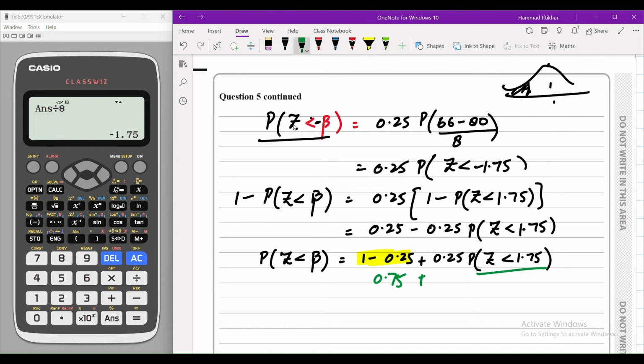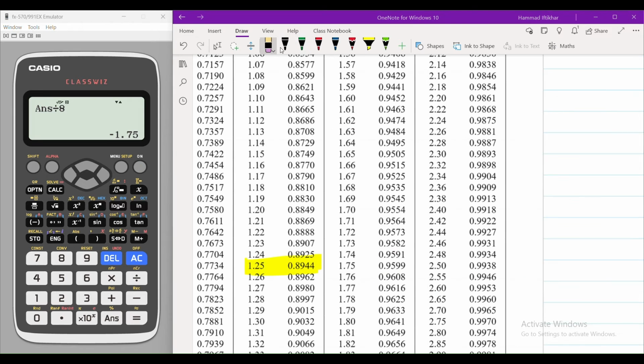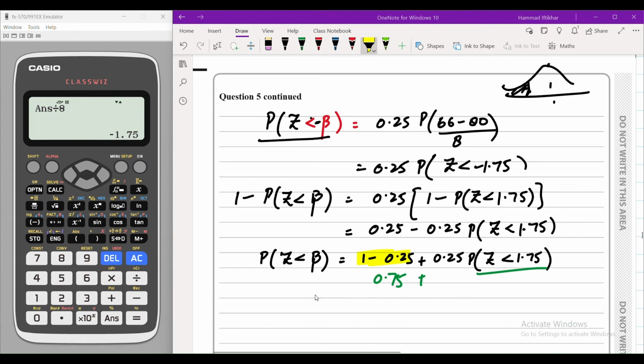Okay. So going back to the table, 1.75 is this one, 0.9599. Okay, going back. So this becomes 0.75 plus 0.25 times 0.9599.